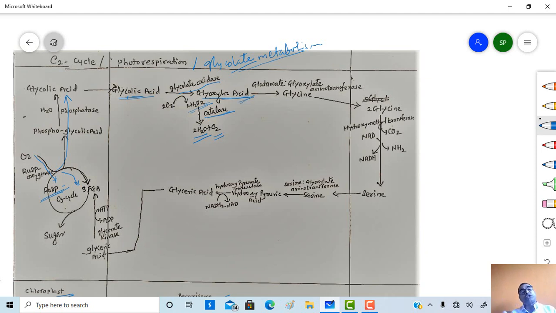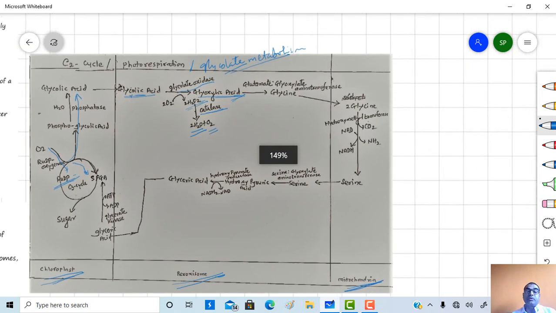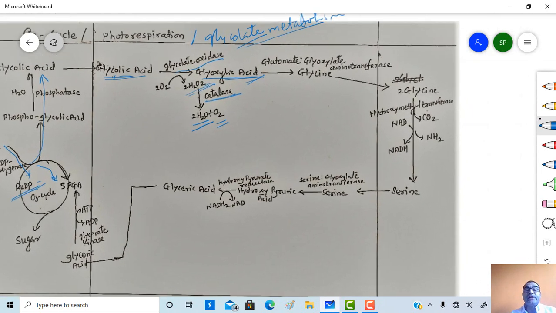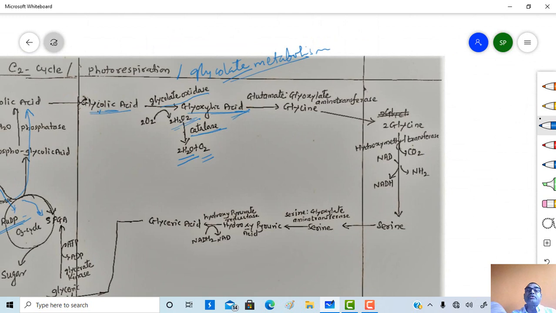The next function performed by the peroxisome is the formation of amino acids. So this glyoxylic acid is an organic acid.